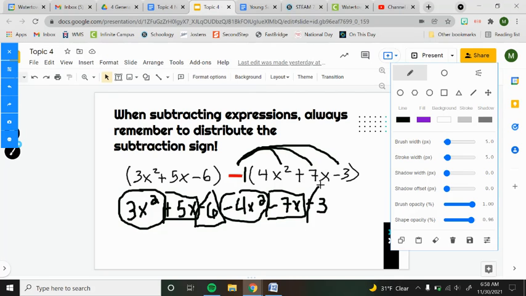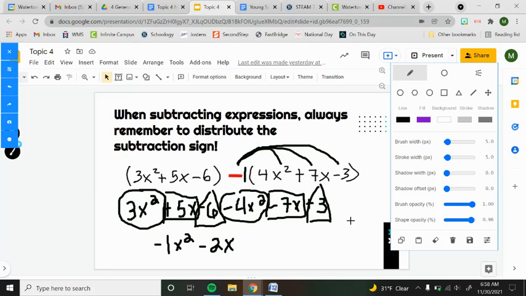Okay, so I'm going to simplify by combining my like terms. 3x squared minus 4x squared would be -1x squared. Positive 5x minus 7x would be -2x.